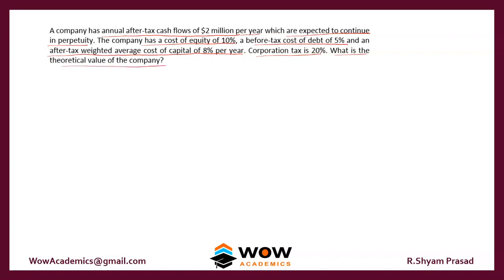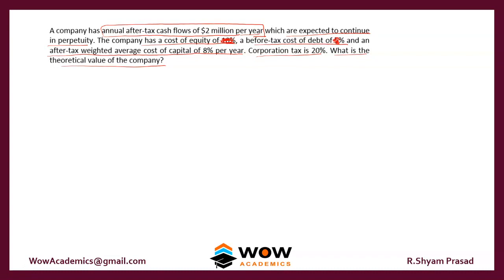So which number should you take? Should you take the cost of equity, debt, or weighted average cost of capital? You cannot take the cost of equity, because the cash flow given is for the entire company. We can't take the debt value because there's no debt being played here.